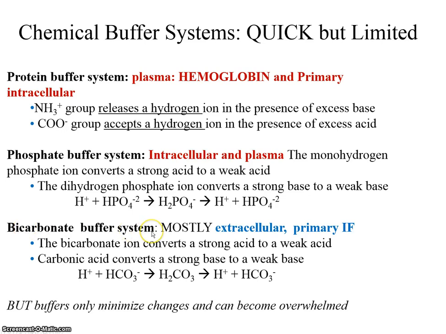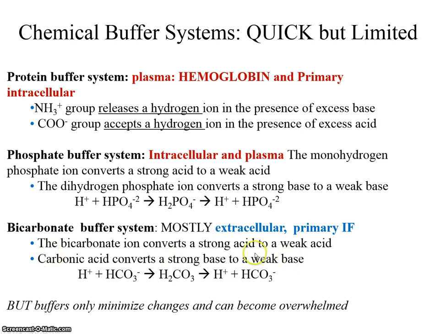Bicarbonate buffer system, we really have talked about already. It is mostly extracellular, a lot of it in the plasma, and I say again primarily in the interstitial fluids. So the bicarbonate ion converts a strong acid, hydrogen ions, to weak ones, carbonic acid.